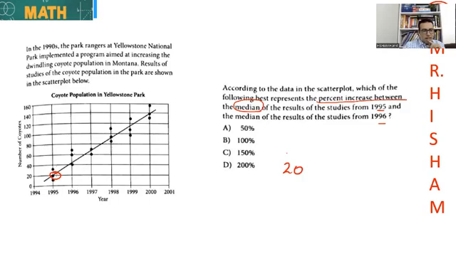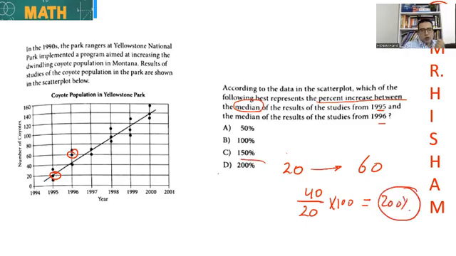And in 1996, I have three values. The median is 60. So from 20 to 60, it increased by 40. So 40 over the initial value, multiplied by 100 to change it into a percent, is 200%. So the increase in the median value is 200%.